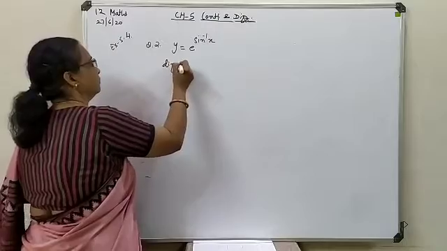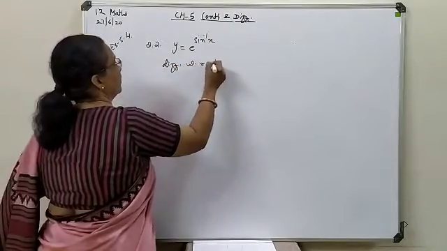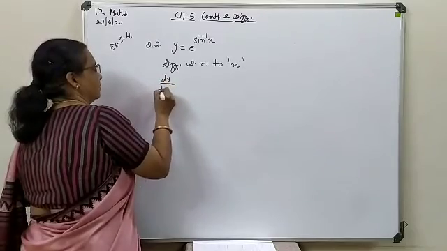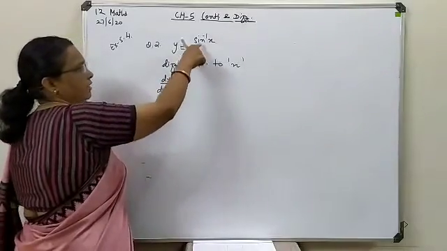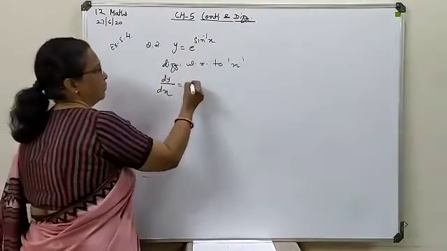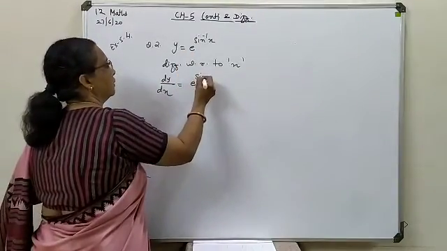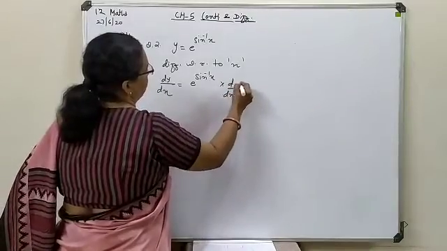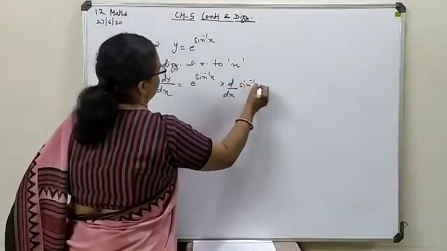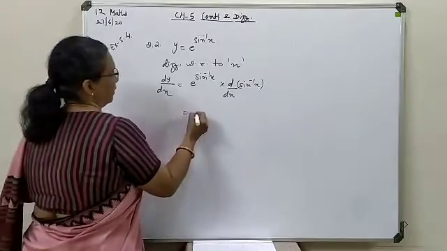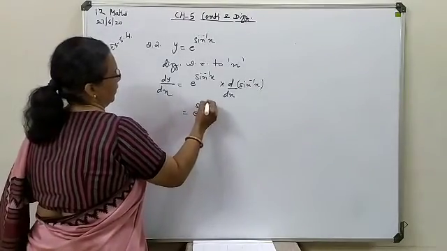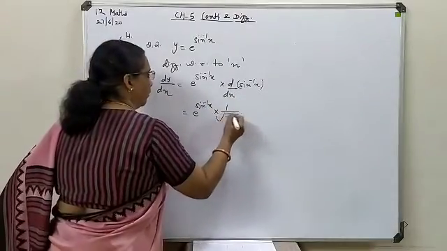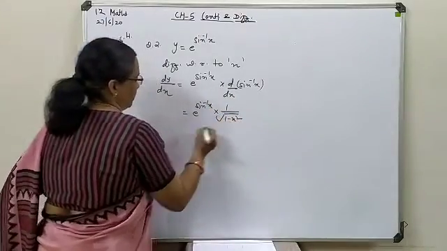Differentiate with respect to x. So dy by dx, the differentiation of e power x is e power x, so here it will be e power sin inverse x, and further you will write the derivative of sin inverse x, that is 1 upon under root 1 minus x square.